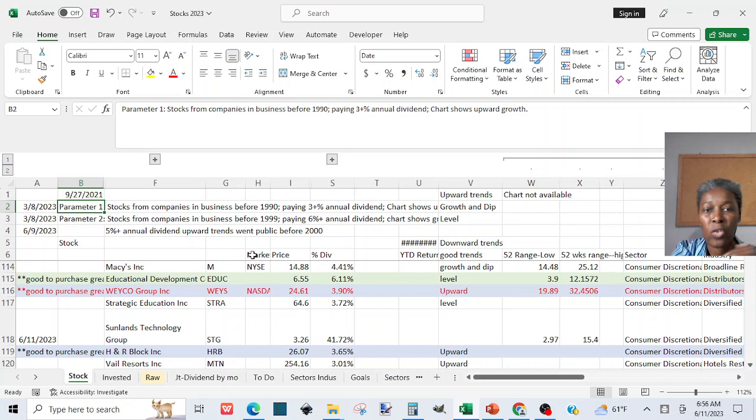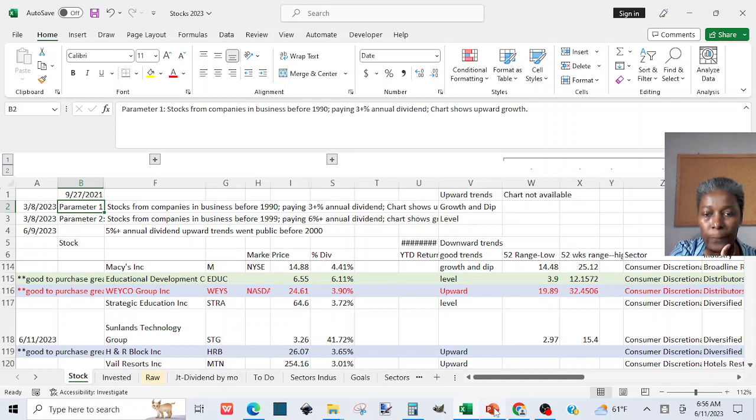And those parameters may not work in synchrony between themselves. Because one I say upward growth, another one I say growth and dip. So they mean different things in my opinion.